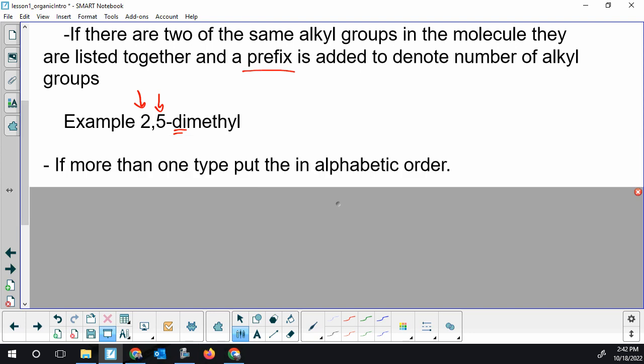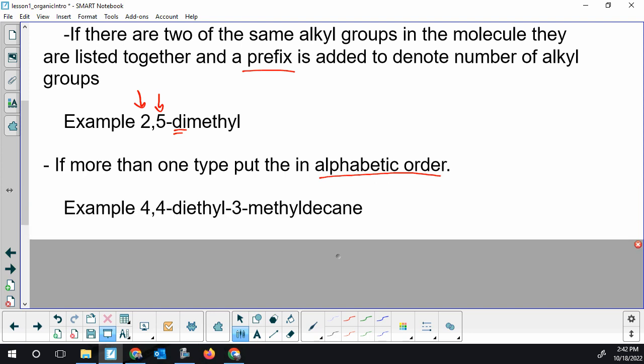So what if there's more than one type? You've got a methyl and you've got an ethyl. Okay. I'm telling you to put them in alphabetical order. And this is about as complicated a name as you're going to see. We've got 2 ethyls and 1 methyl.